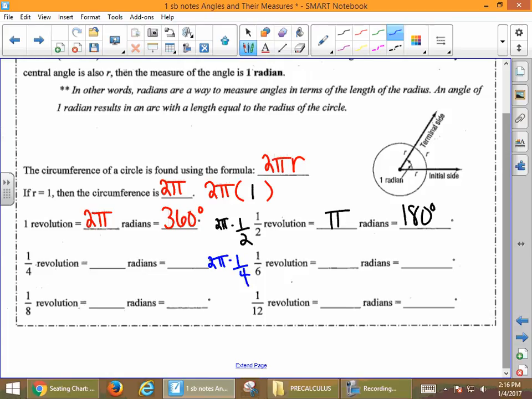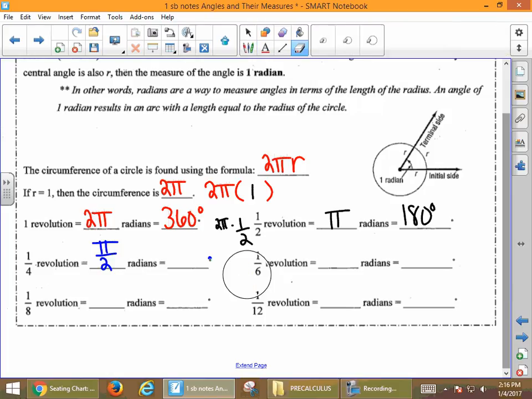Well, 2 pi times 1/4 is actually a half. So that's the radians here. But if we only go 1/4 of the circle, how much degrees do you think that is?